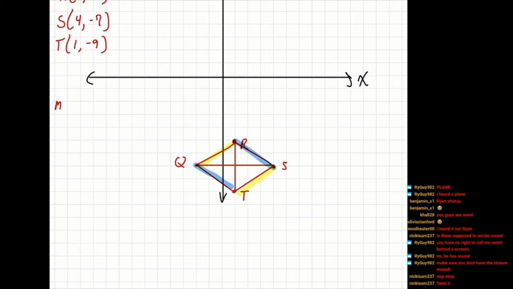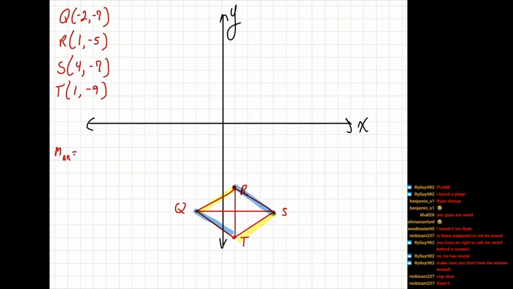So the slope of QR is equal to, so I'm doing QR, the first 2 coordinates, so it's -5 minus -7 over 1 minus -2. Again, because you've graphed it, assuming you did graph it, you can just do your rise over run. And we get +2 over 3. We're hoping to get the same thing with TS.